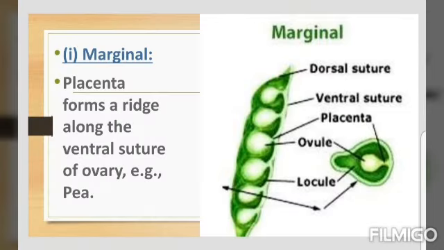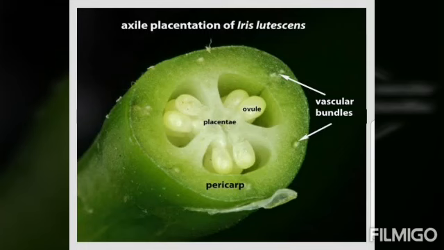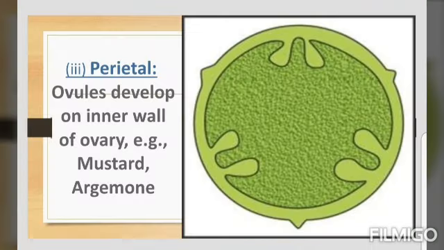In marginal placentation, the placenta forms a ridge along the ventral suture of the ovary, and the ovules are borne on this ridge, forming 2 rows, as in pea. When the placenta is axile and the ovules are attached to it in a multilocular ovary, the placentation is said to be axile, as in China rose, tomato, and lemon.